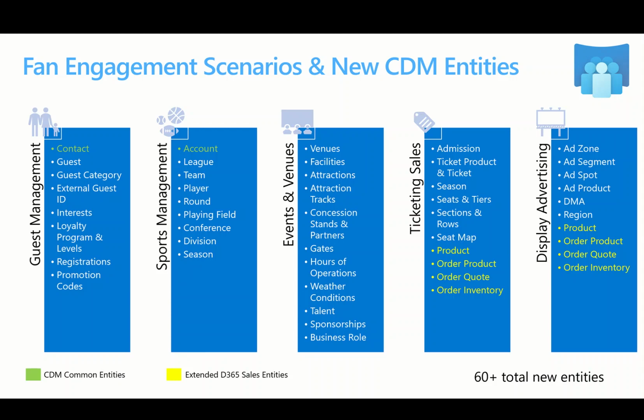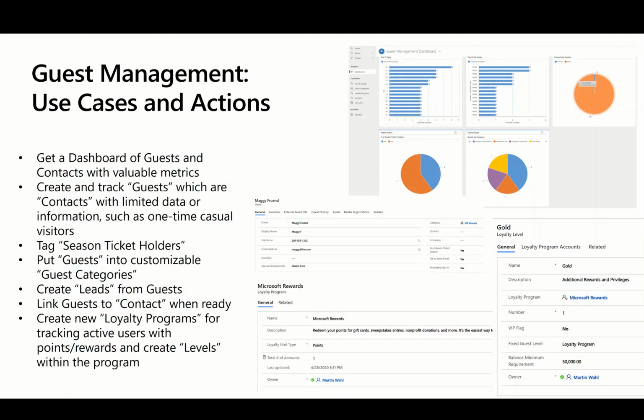So let's dive into these one at a time. Let's start with guest management. Guest management, as you would surmise, is really all about managing the different customers that come to you and gathering valuable metrics and data around them. We created a brand new entity called the guest. The guest is something new.